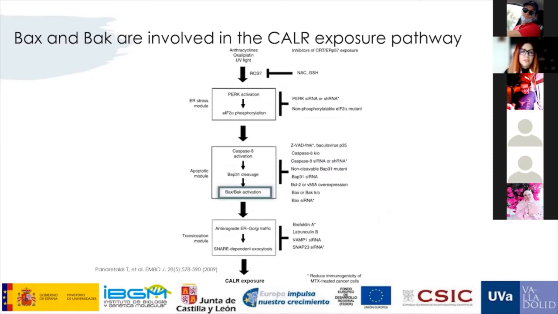In the laboratory of Guido Kroemer, the pathway of calreticulin exposure was also published, and we observed that Bax and Bak are involved in this pathway, meaning that in the absence of Bax and Bak, there will not be an exposure of calreticulin to the cell surface.